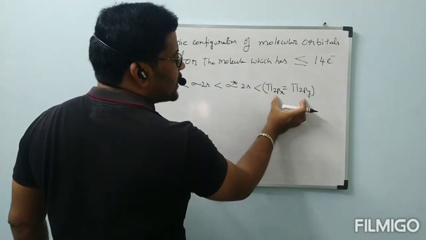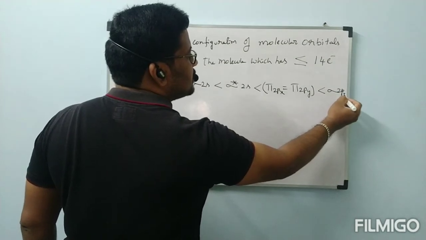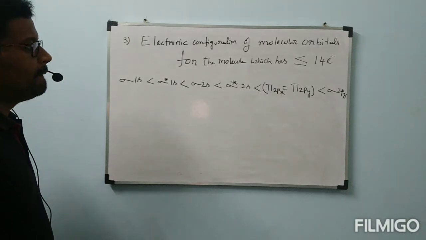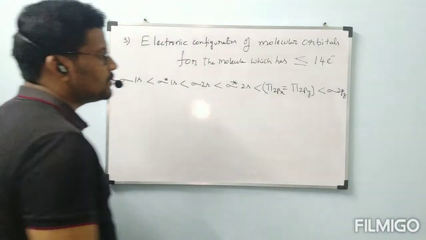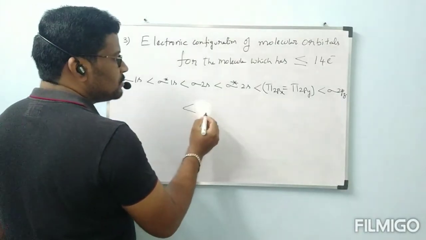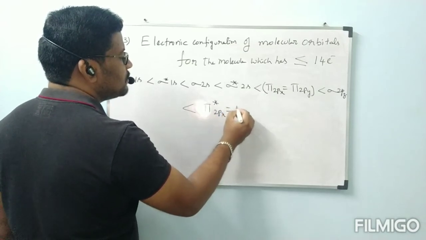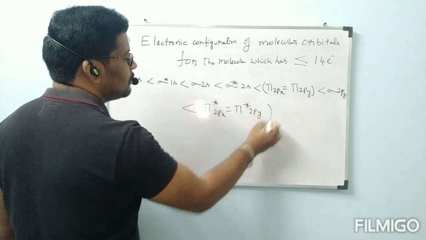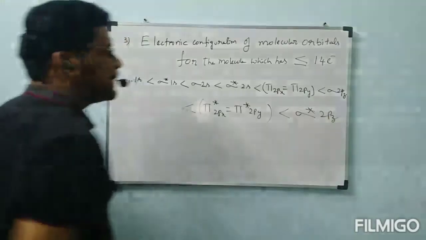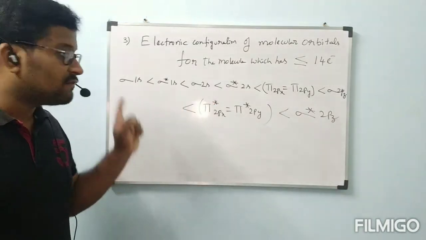In that, pi 2px and pi 2py have the same energy, less than sigma 2pz, which is less than pi star 2px equal to pi star 2py, which is less than sigma star 2pz. Okay, this is the order of energy of molecular orbitals.